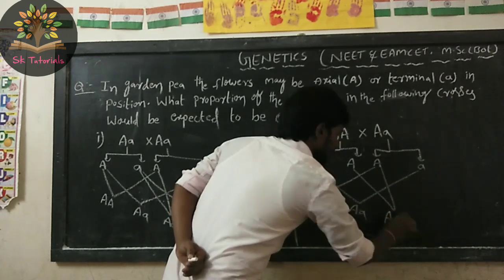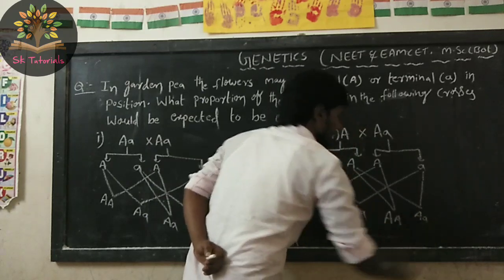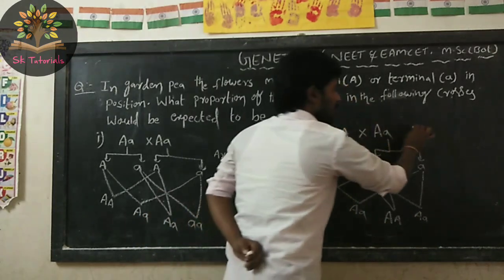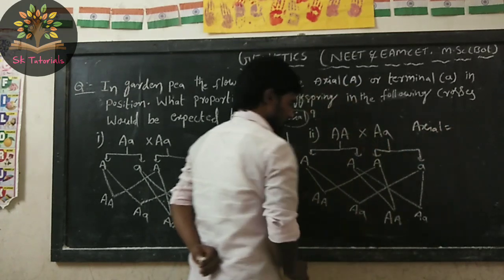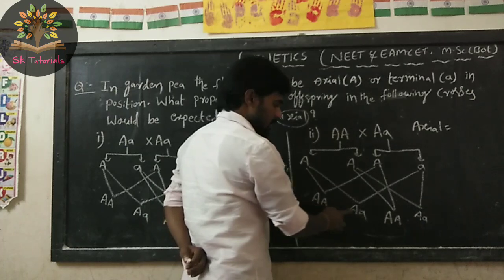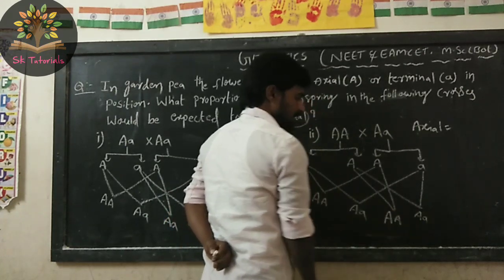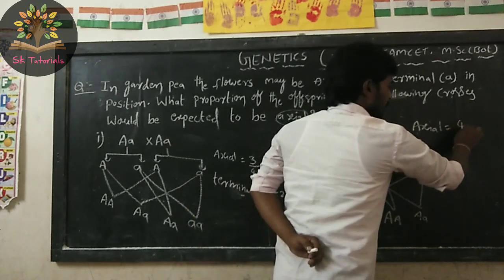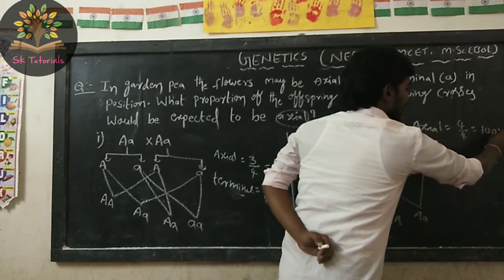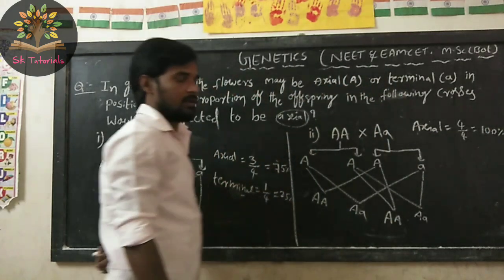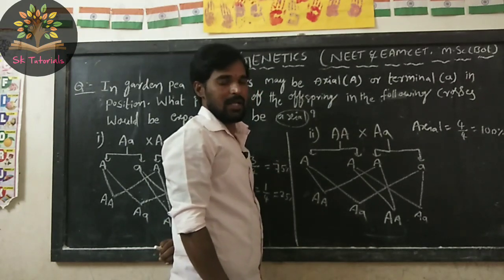Axial proportion is equal to, what is this one? Axial. This one axial, this one axial. How many axials are there? 4/4. That is equal to what percentage? 100%. In the second cross, 100% of the plants are axial.